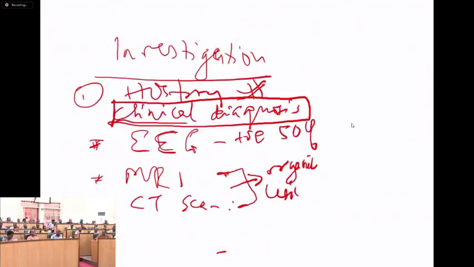And what are some of the organic lesions? For example, tumor. And if it is a tumor that is causing the seizures, when you remove the tumor, the seizures should go away. Or it may show venous malformations.